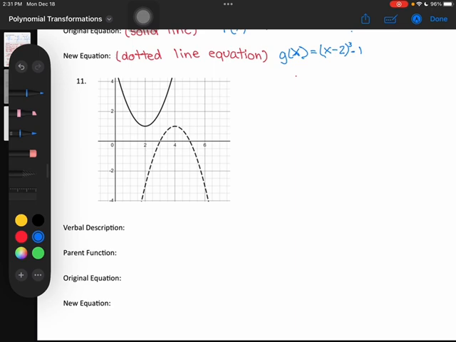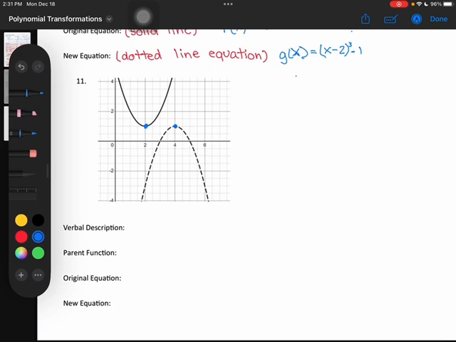So this one, again, we're wanting to move from the dotted line to the solid line to talk about our transformations. So I'm going to pick this point right here and that point right there. So kind of talk about how they transformed.